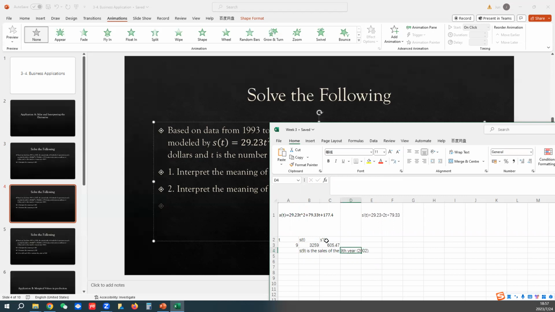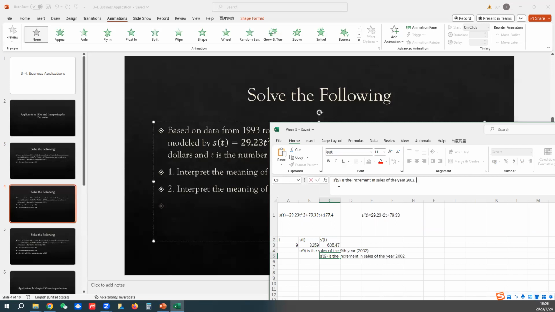And S prime 9 is the increment in sales or change in sales. Here it's positive, that means it's an increase. So S prime 9 is the increment in sales of the year 2002.